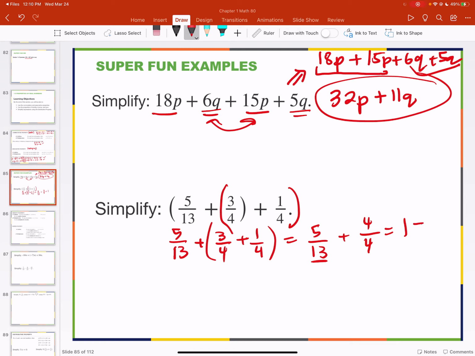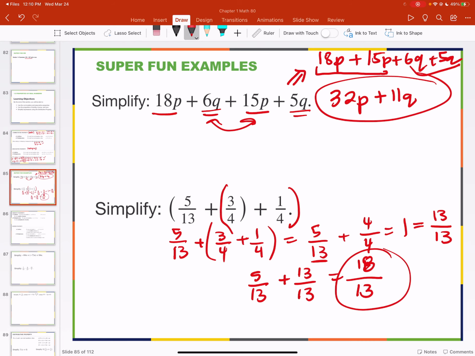Any number divided by itself is equivalent to 1, so I can express 4/4 as 13 over 13. So really what I'm doing is 5/13 plus 13/13, which is 18/13.